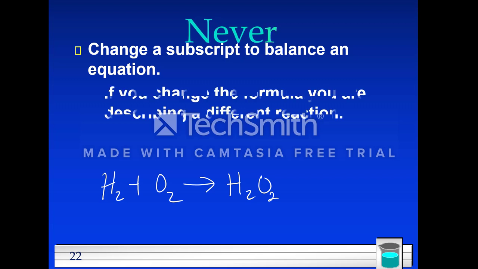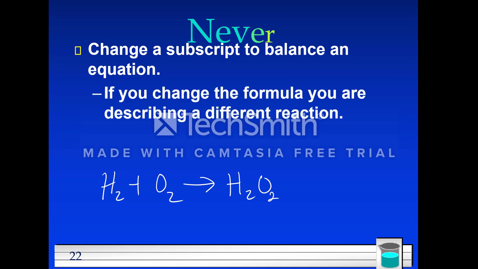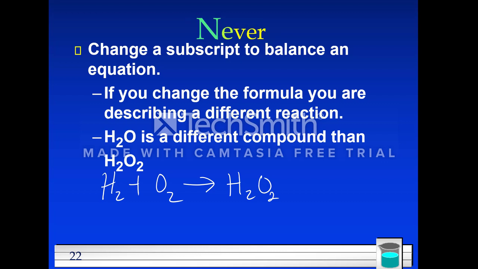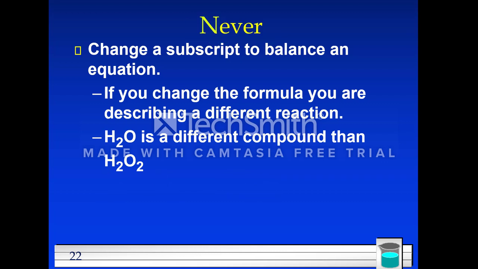They're not the same chemical, right? So if you change the formula, you're describing a different reaction. One of them is water, the other one is rocket fuel. Hydrogen peroxide was part of the fuel for the Germans' rocket. So H2O is a completely different compound than H2O2.